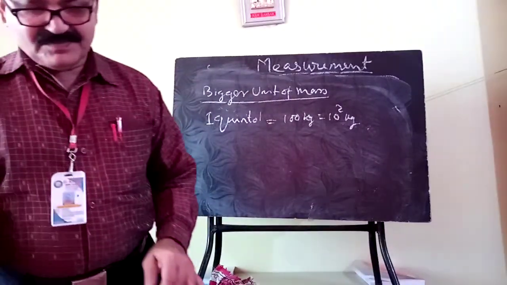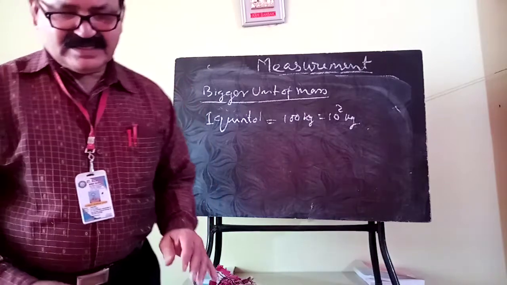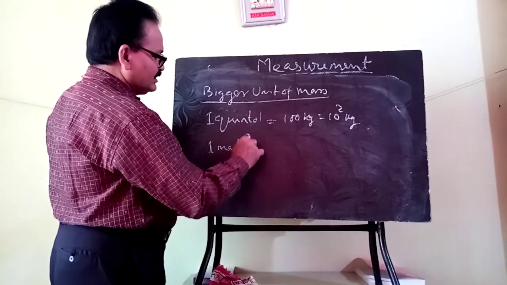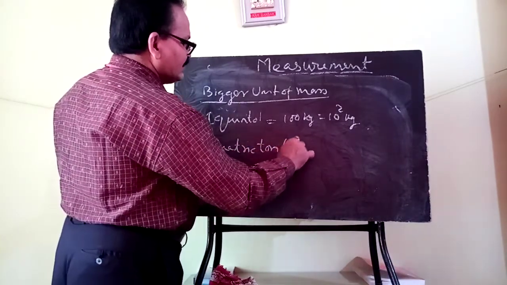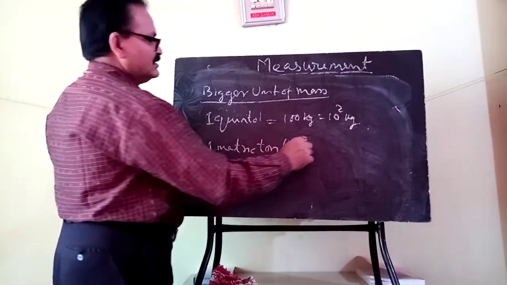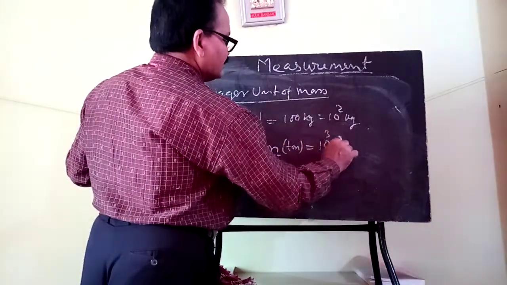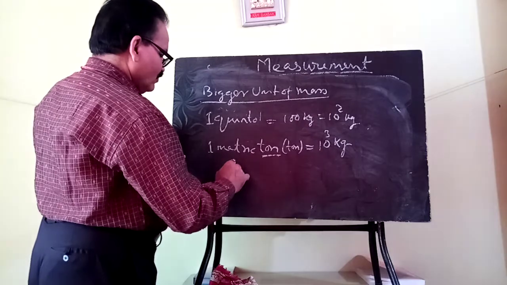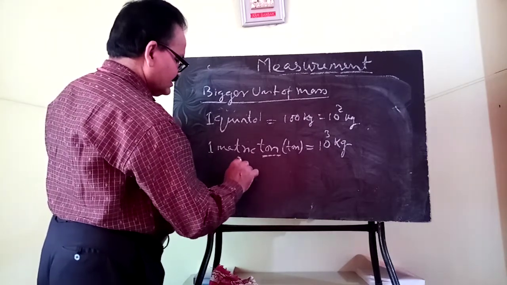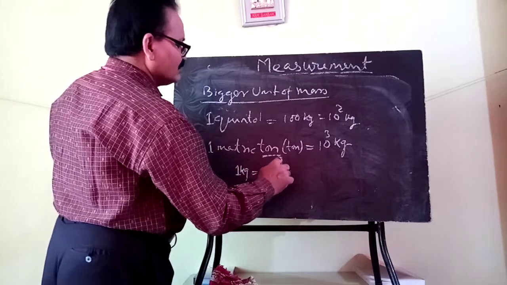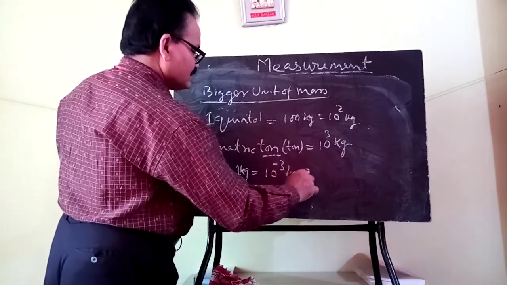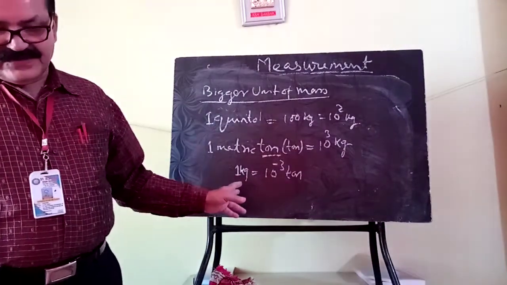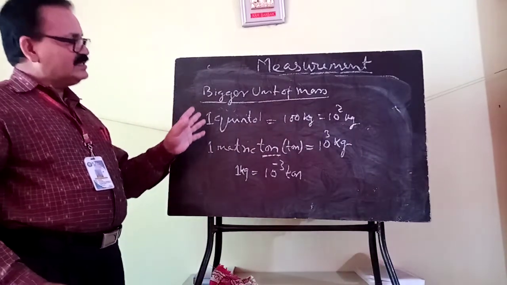Another bigger unit of mass is your metric ton, or simply you can say ton. 10 to the power 3 kilogram is 1 metric ton, and 1 kg can be expressed as 10 to the power minus 3 ton. So these are the units of mass.